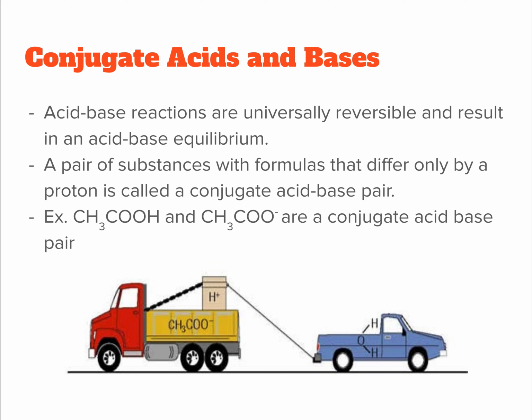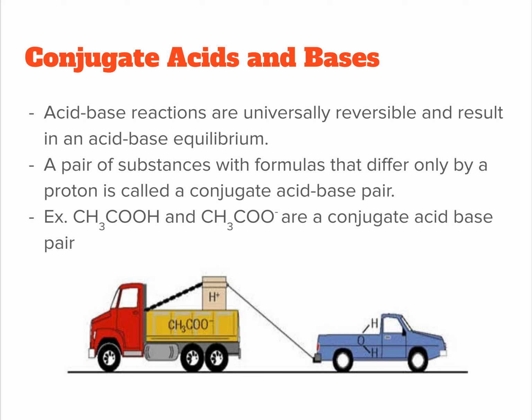Acetic acid is a Bronsted-Lowry acid because it's able to give away that last proton. But then the acetate ion is acetic acid's conjugate base. So this creates what we call a conjugate acid-base pair. It's two species that have the exact same formulas, except they're separated by one proton.